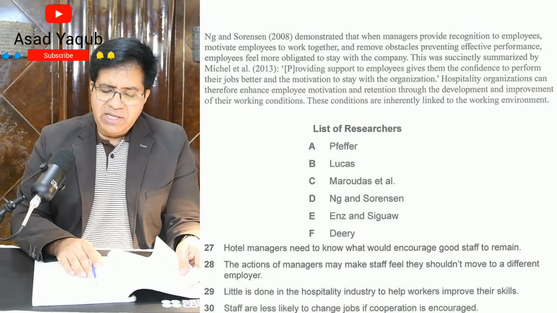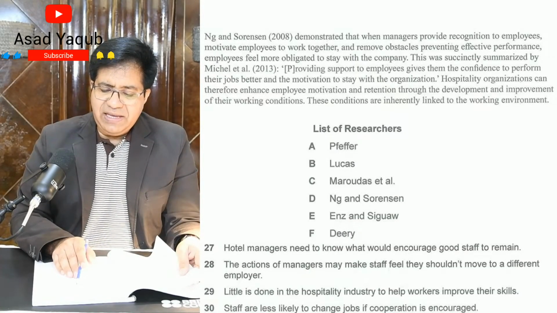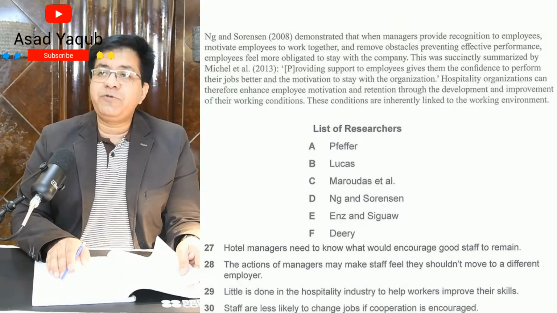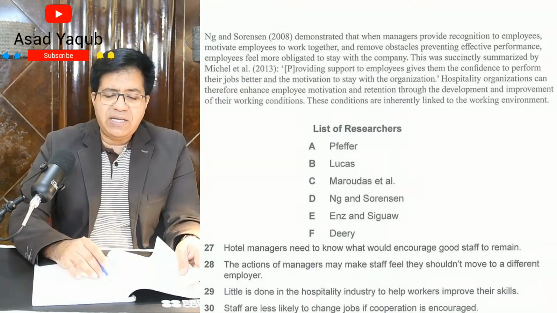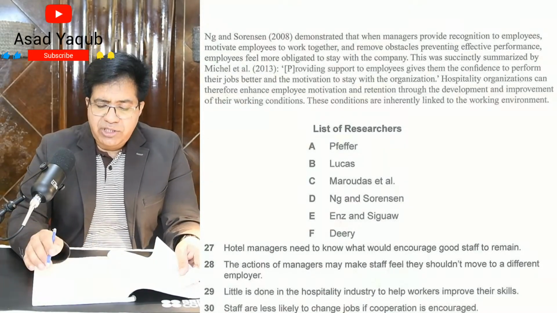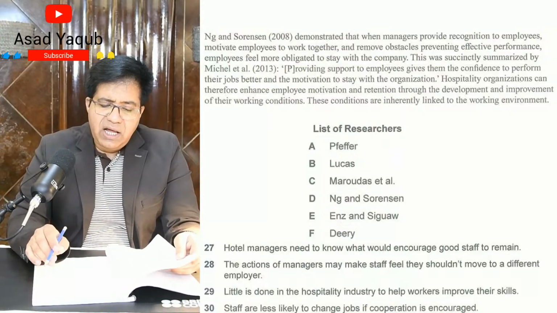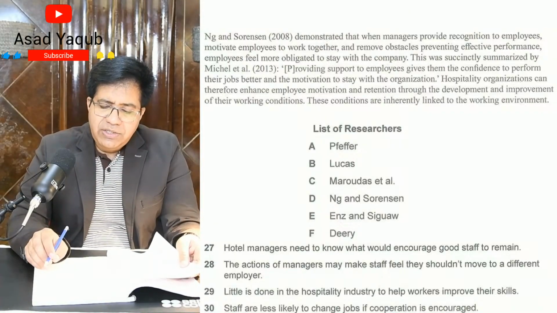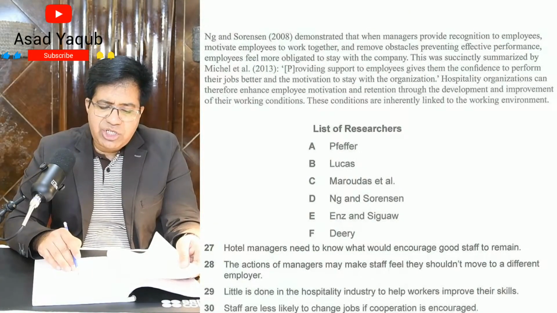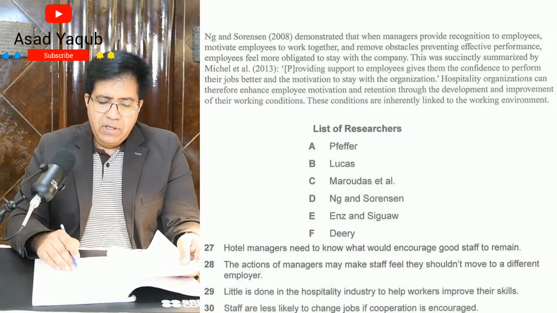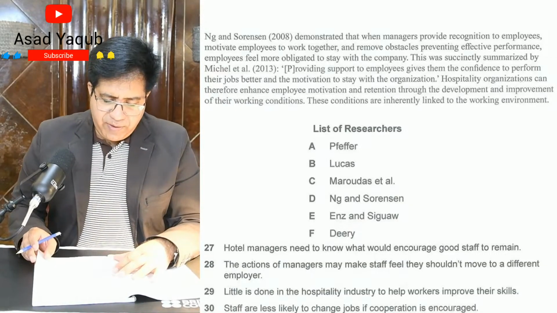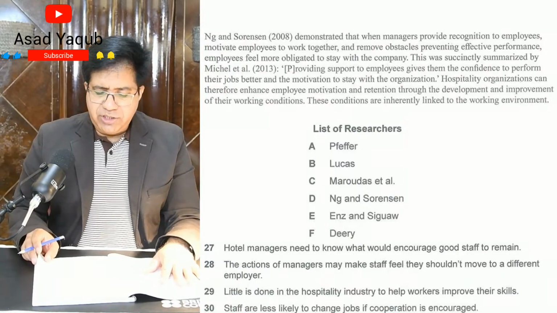Actions of managers may make staff feel they shouldn't move to another or different employer. Well done. Question number 28. Correct answer is option D, and that is NG and Sorensen. Okay, so 28 answer is option D.